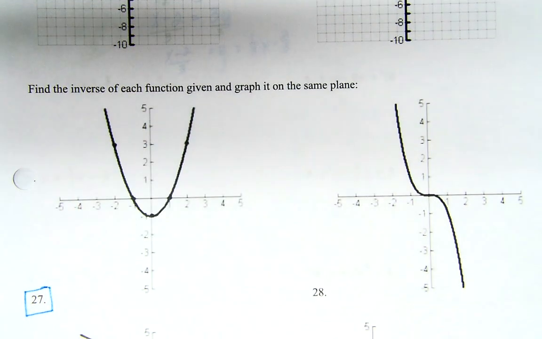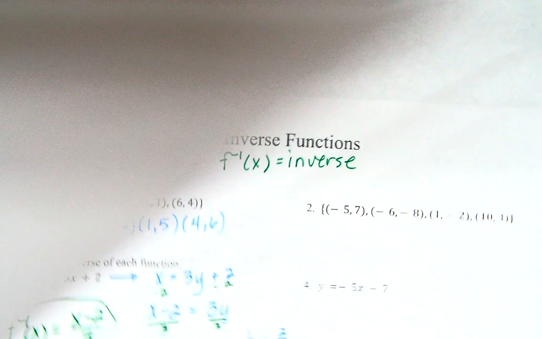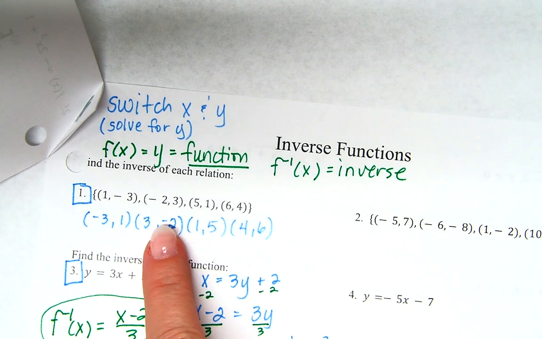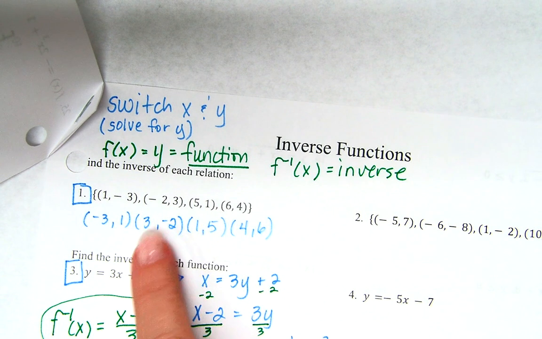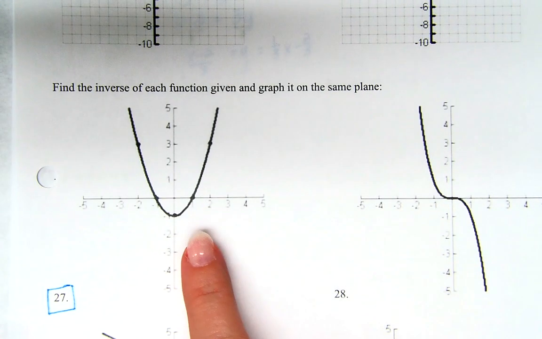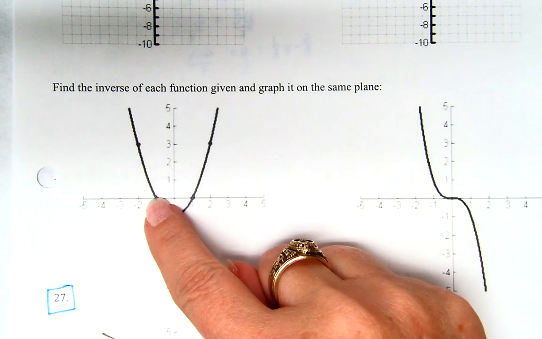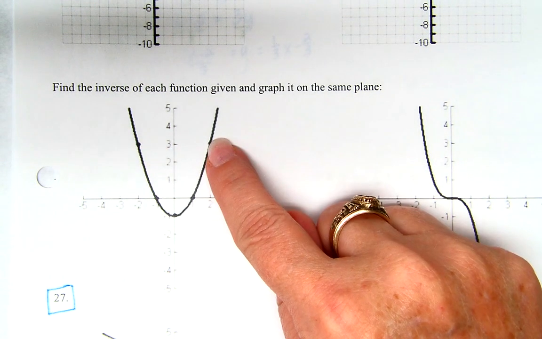Find the inverse. How do I find the inverse if it's a graph? How did I find the inverse of this? Don't I have an x and a y here? Don't I have 5 x and y's? 1, 2, 3, 4, 5.